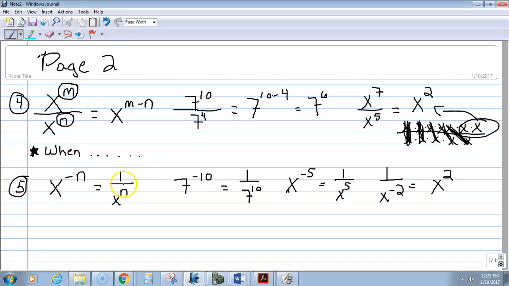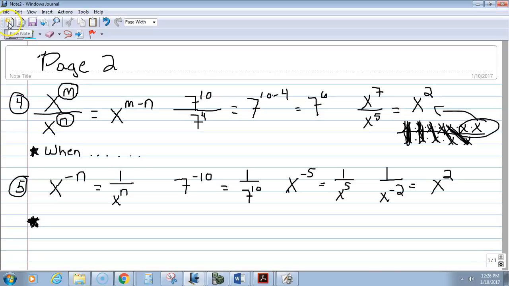Okay? So changing if it's on the numerator and the denominator just changes if it's a positive or negative exponent. That's all it's talking about here. So write that sentence. What do you know about negative exponents? You're going to have to pause this to write it down for yourself. We are almost there, you guys.